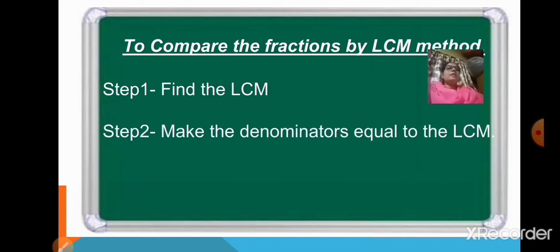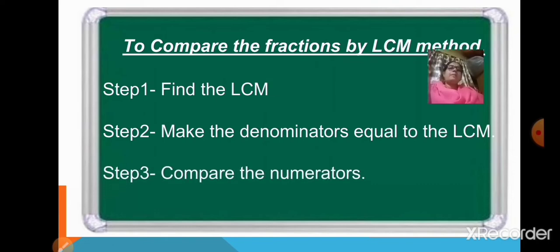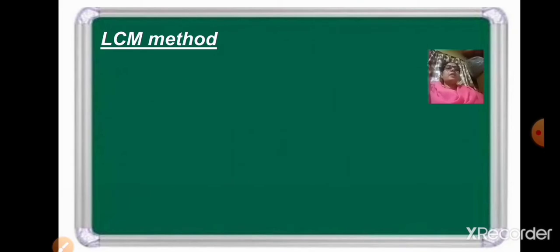The second step is to make the denominators equal to the LCM. And the third and final step is to compare the numerators, and then compare the fractions. So, let us take an example of comparison of fractions by the LCM method.